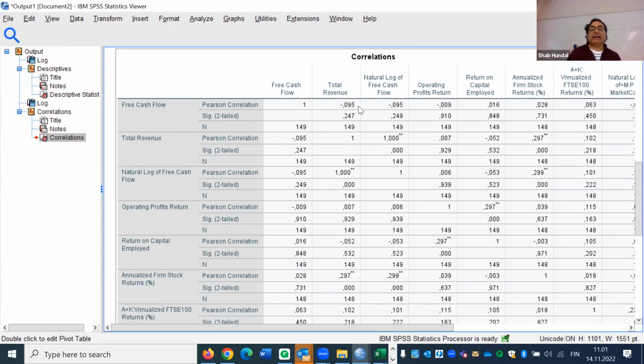So basically it means that whenever the total revenue goes up, the free cash flow goes down. Does it make sense? Yes or no? So you can see that each variable has a correlation with the other. And total revenue with total revenue, operating profit with operating profit, they will always be 1, because they are correlating with themselves, basically.